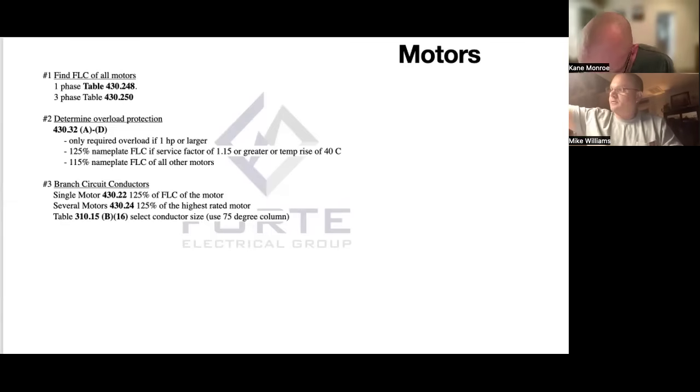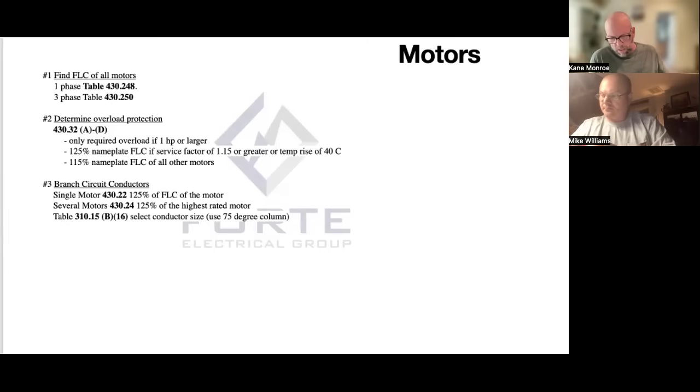310. Let's see where we're at. It should read ampacity of insulated conductors, not more than 3 conductors. In a 2020 it's 310.16.